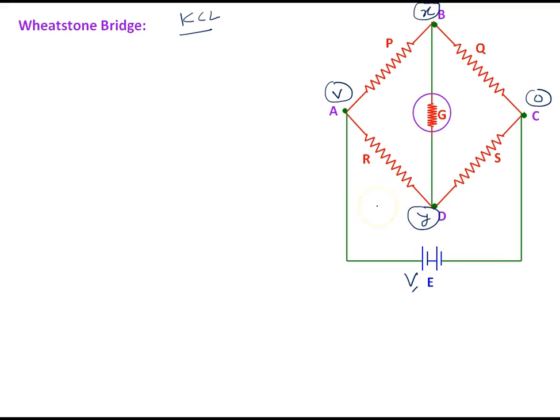Now if I write the KCL equation firstly at junction X, what will I write? (X minus 0) upon Q plus (X minus Y) upon G plus (X minus V) upon P equal to 0.